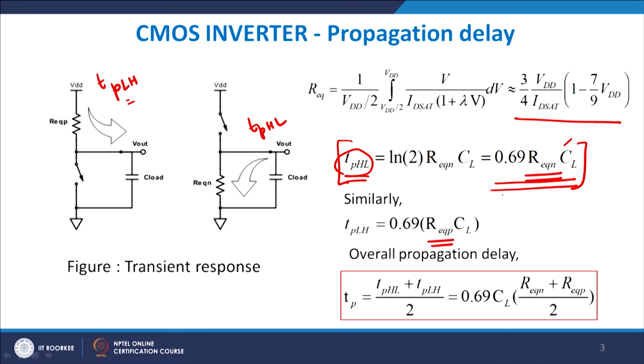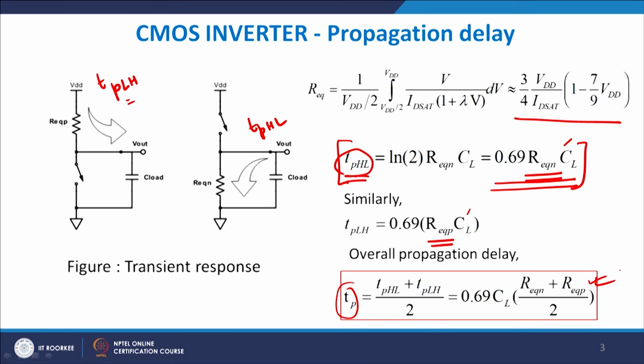In both cases, CL is the same. We define the overall propagation delay as the average of the high to low and low to high, and this comes out to be R equivalent P plus R equivalent N divided by 2, into 0.69, into CL, where CL is the load capacitance.